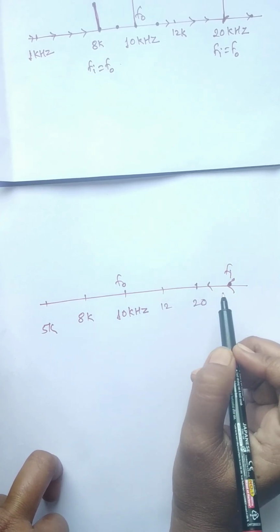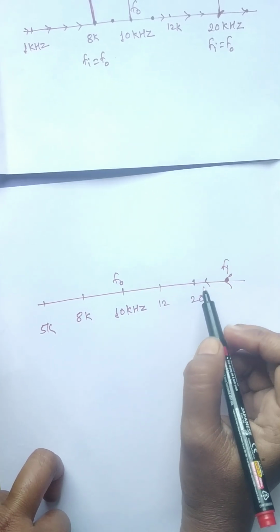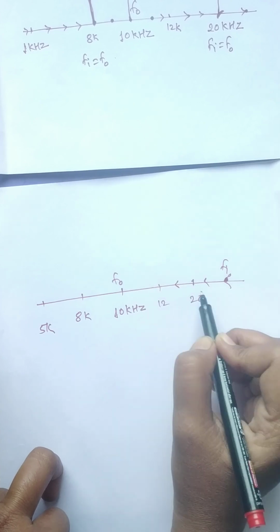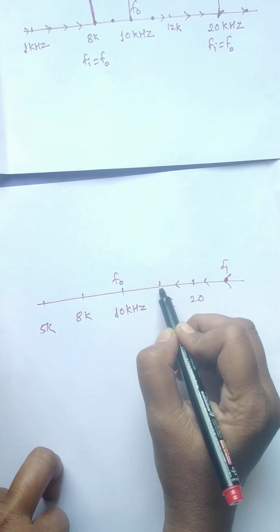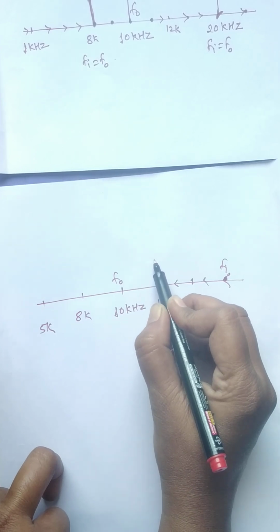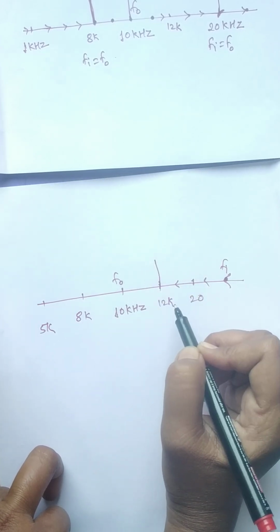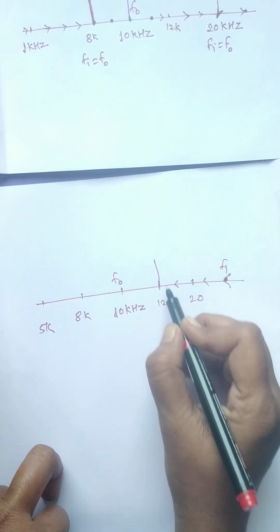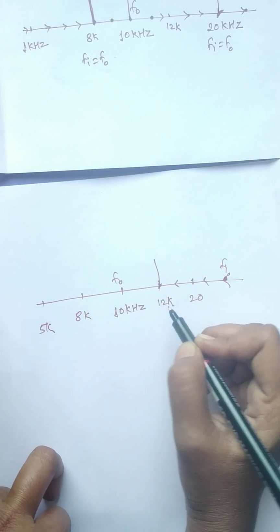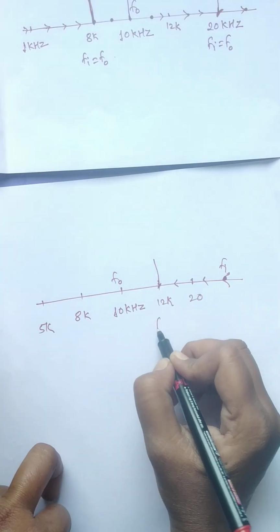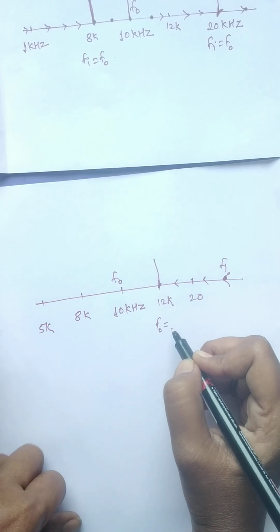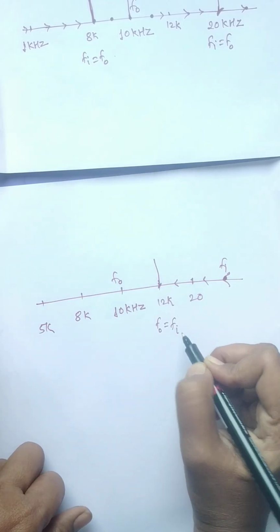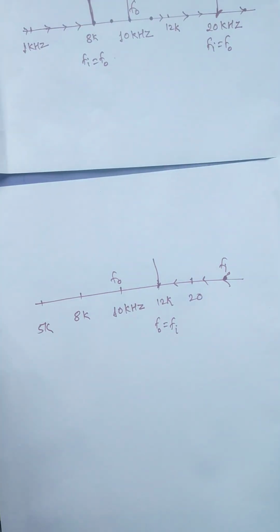No tracking is there. Now the input signal is decreasing, 15 up to 12K. Suppose the input signal is at 12K and the output signal is also 12K. So this is the specific frequency, 12K, where the PLL output has become the same as the input frequency.